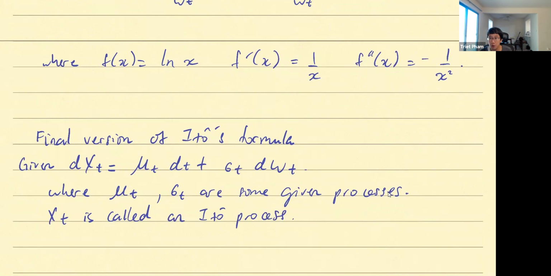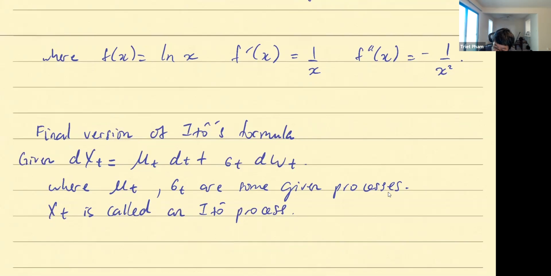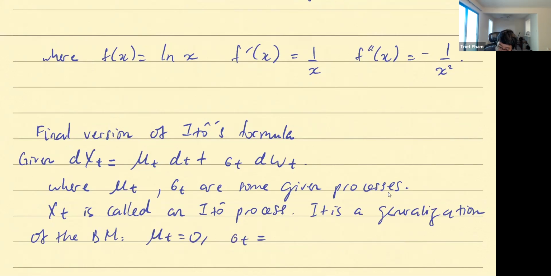So it's like a generalization of the Brownian motion. Because if you take mu t equal to 0 and sigma t equal to 1, then we got xt is the Brownian motion itself, supposing that it starts at 0.